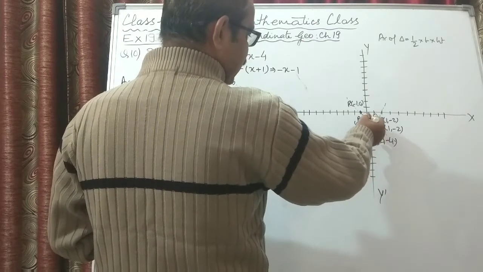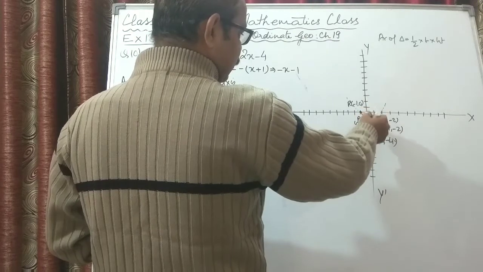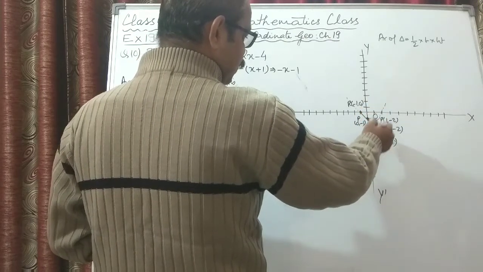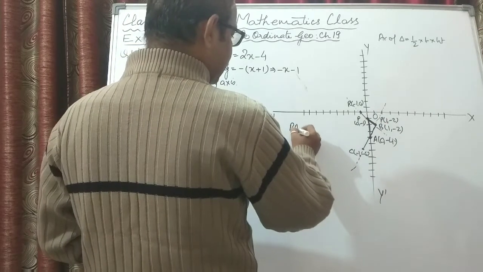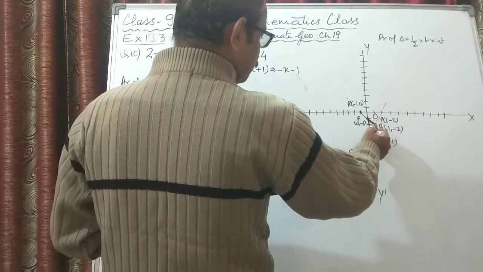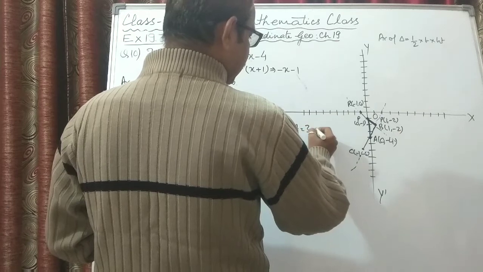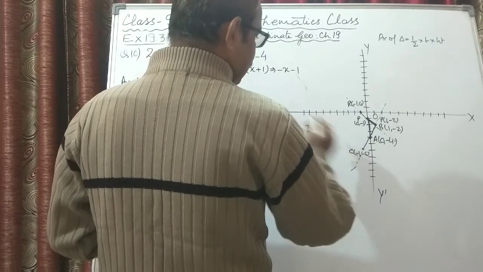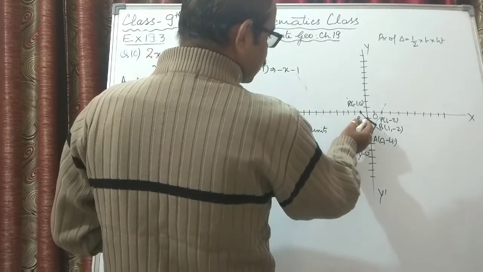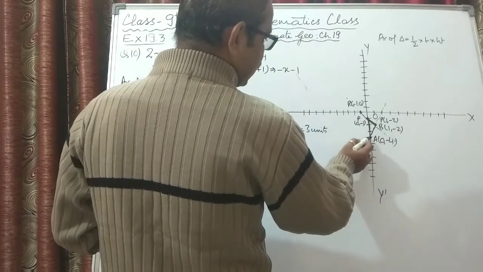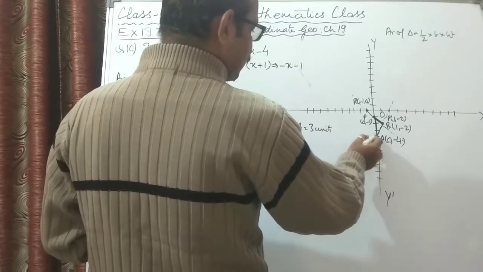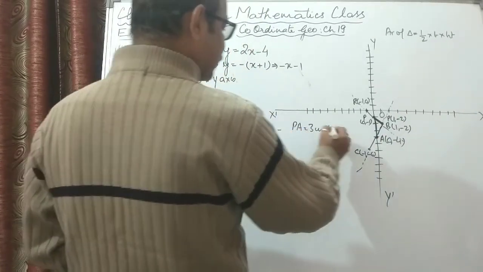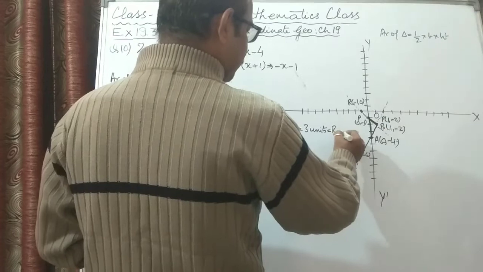The coordinate of P on the y-axis is -1, then -2, -3, -4. So the distance of PA will be 1, 2, 3 units. From P to A, this is -1 and this is -4, so 0, 1, 2, 3. So 3 units. That is the base of the triangle.